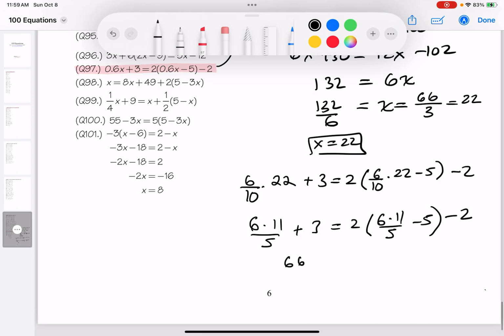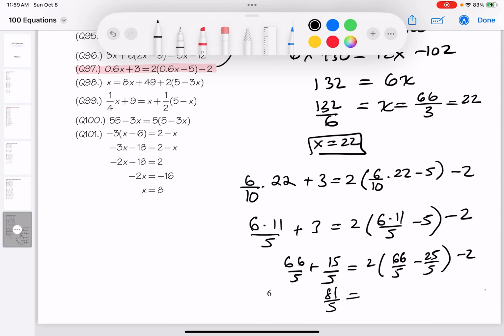66 fifths plus 15 fifths. This is going to be 2 times 66 fifths minus, well, that's going to be 25 fifths, right? Minus 2. It's tedious though, isn't it? 66, 76, 81 fifths.